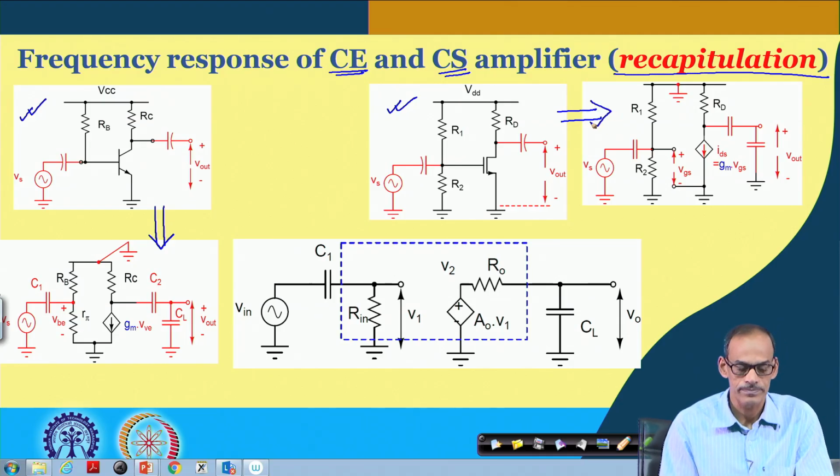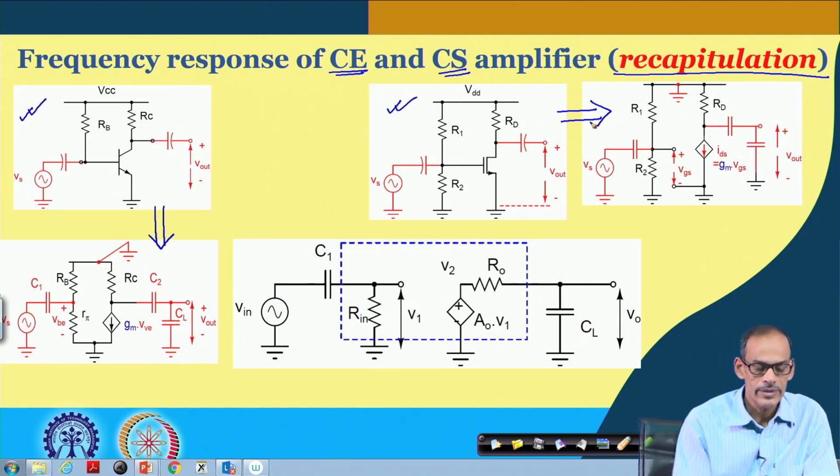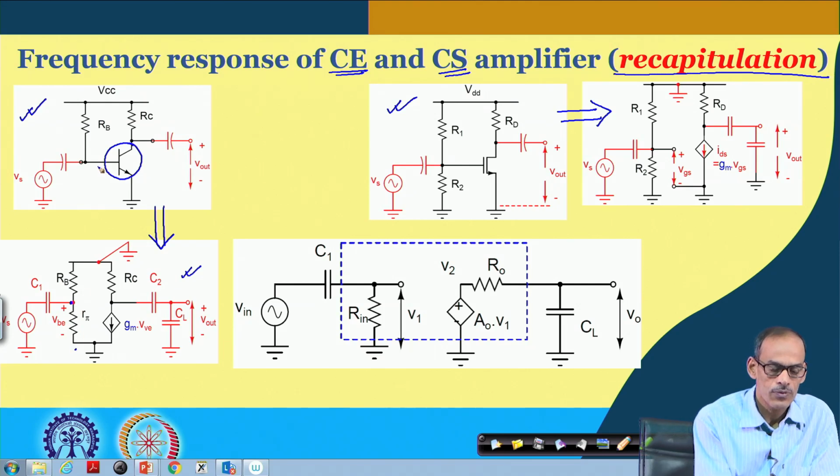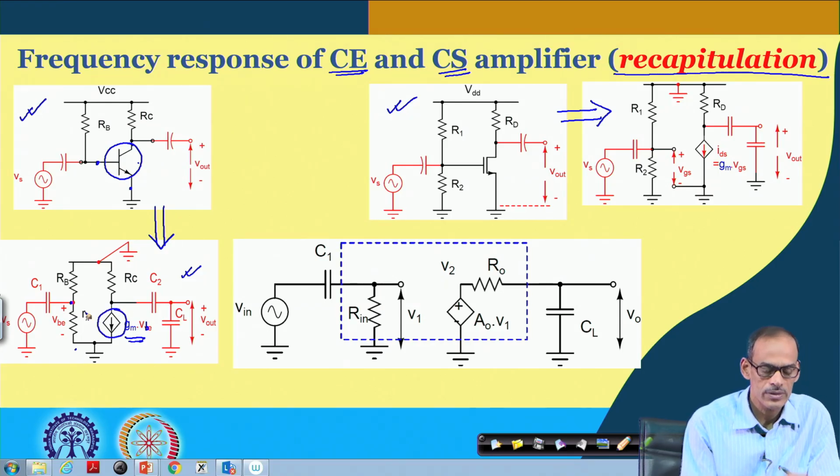Note that in this small signal equivalent circuit, for this transistor we have r pi from base to emitter terminal, and then we have gm into VBE. This current source is basically a voltage dependent current source.